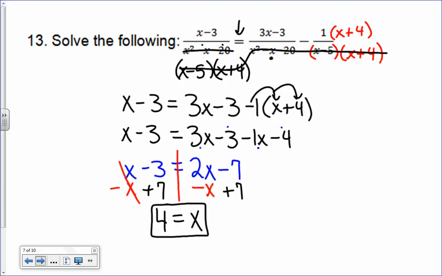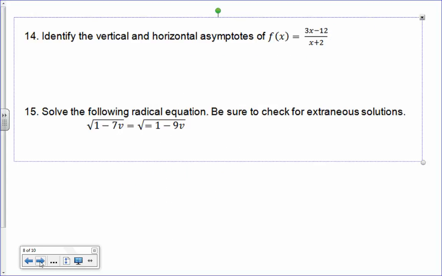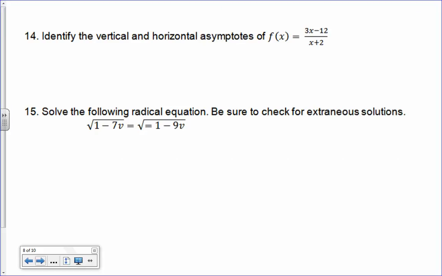All right, let's go to 14. 14 says to identify the vertical and horizontal asymptotes. Let's start with horizontal. Remember, for horizontal asymptote, you're looking at the exponents of the numerator and denominator. In this case, the exponents are equal.